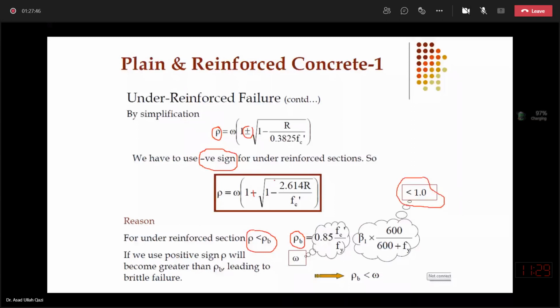So it is unacceptable that I get the second root which is even above rho balanced. So I am using intelligently, out of two roots, the one which will give me the rho either equal to rho max or less than, because indirectly I am interested in getting a section which is under reinforced.